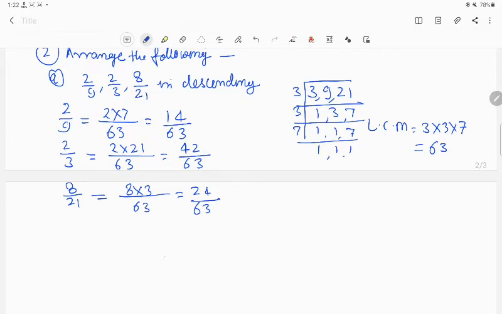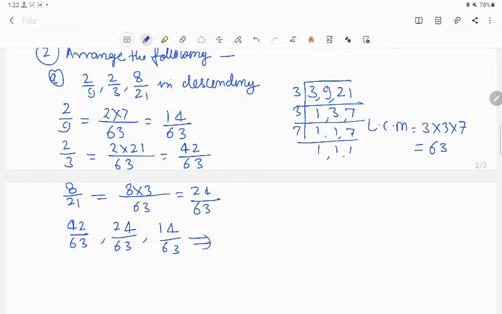So now compare the numerators. Whose numerator is greater, that is greater. Whose numerator is smaller, that is smaller. So you are going to write in descending order. Then first you write the greatest fraction, that is 42 upon 63, and then 24 upon 63, and then 14 upon 63.